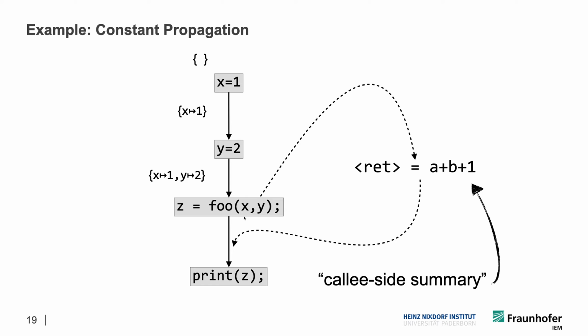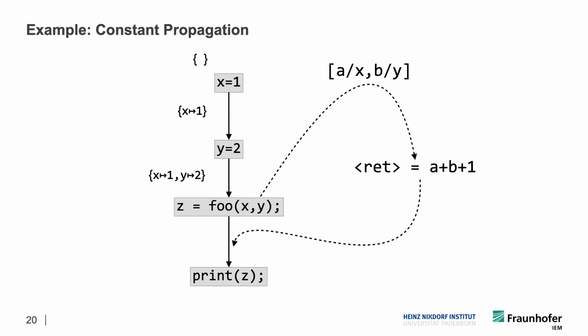In essence, in the implementation of these analysis frameworks, it's done through two replacement functions. First of all, we will have a call flow function that replaces x by a and y by b, or depending on how you look at it, you can also see it the other way around. And then we have a function that replaces z by the return value.